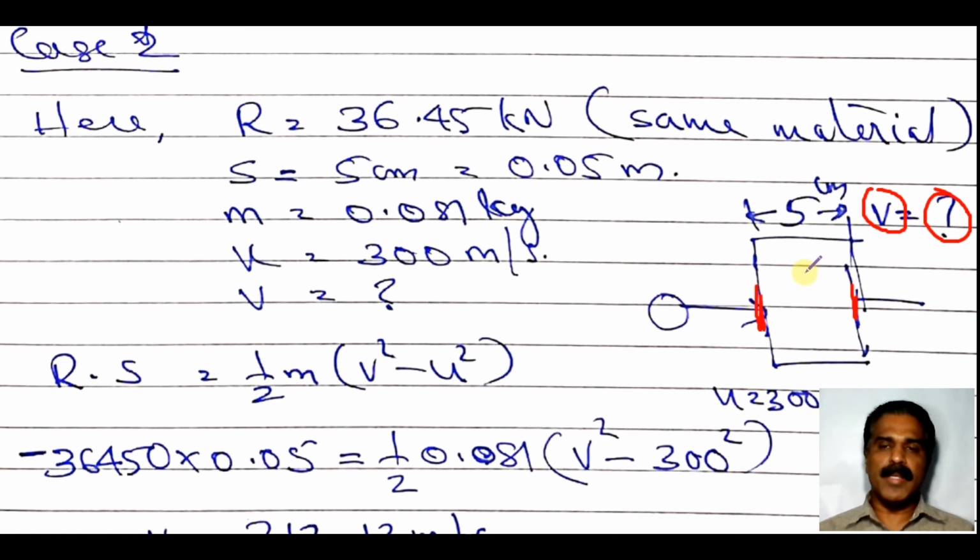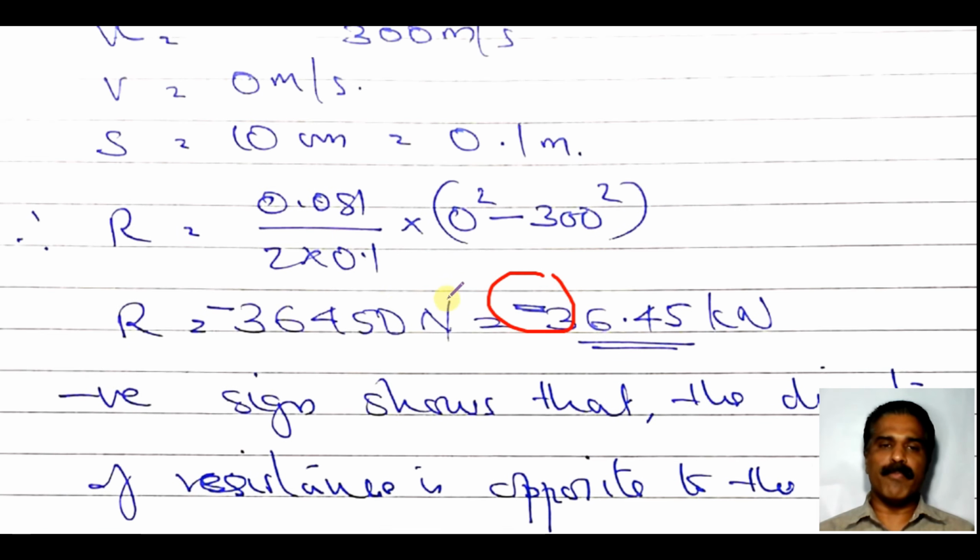And the material is the same in both cases, so the resistance will be the same as the previous case. So for this R, we can use the same value we got here, that is 36.45 kilonewton. Okay.